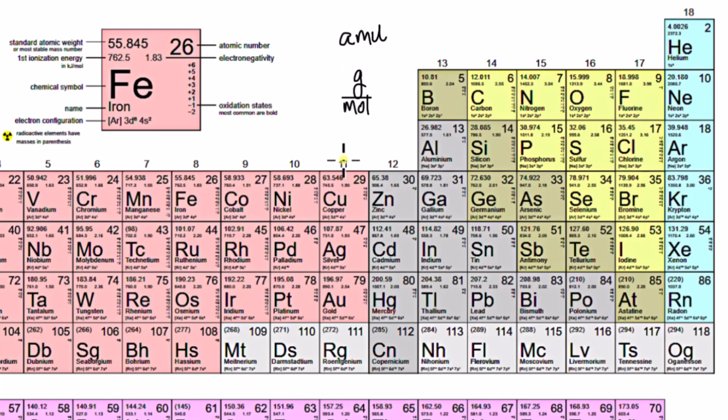All the molar mass is telling you is how many grams of this atom or element do I need to where once I have that many grams, then contained within that sample is 1 mole of those atoms. 6.022 times 10 to the 23rd of those atoms. That's what the molar mass of a specific atom or an element is telling you.